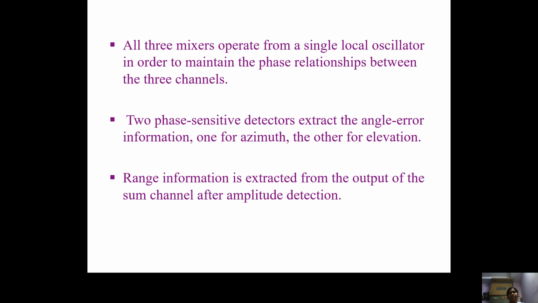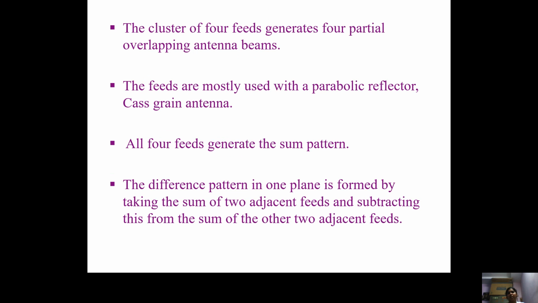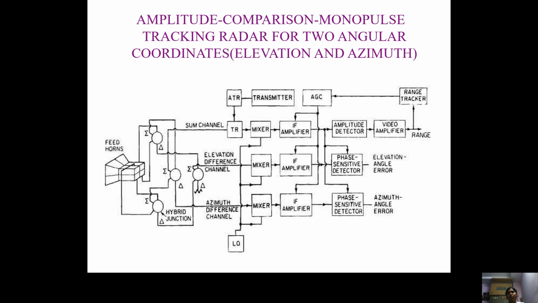And the range information is extracted from the output of the sum channel after amplitude detection. If we see in the sum channel, the first channel, the amplitude detector detects the envelope of the received signal.